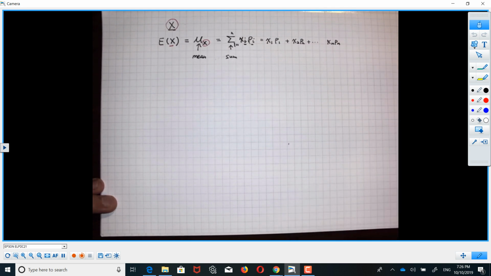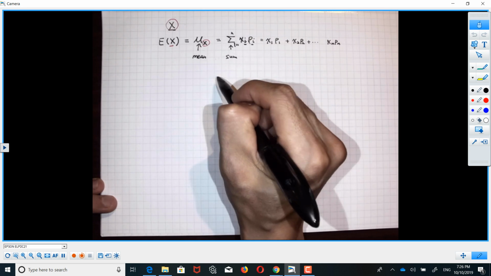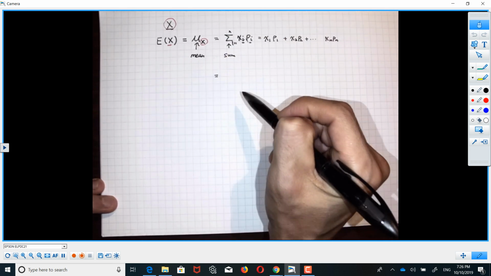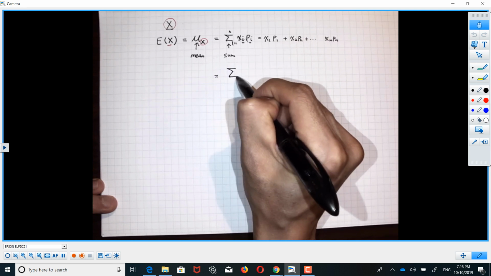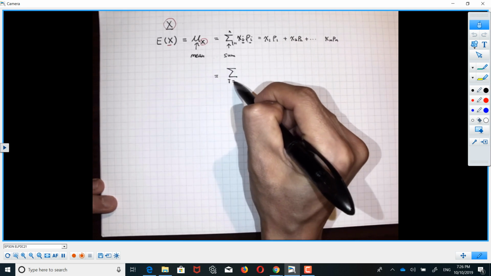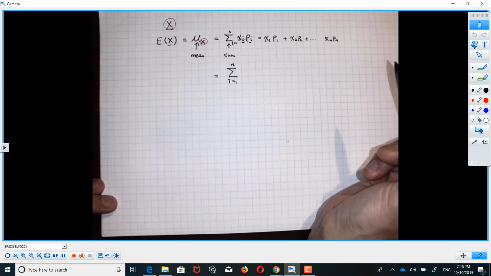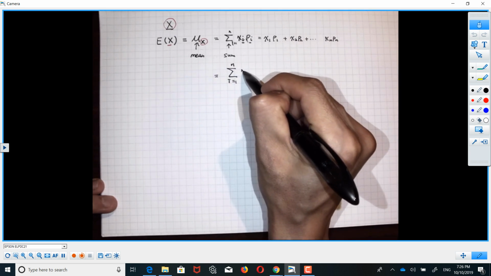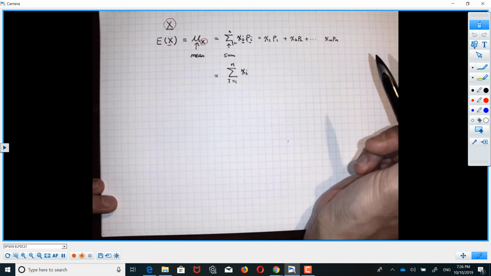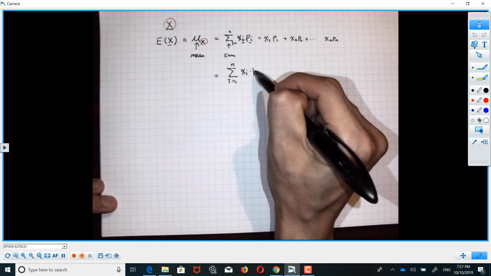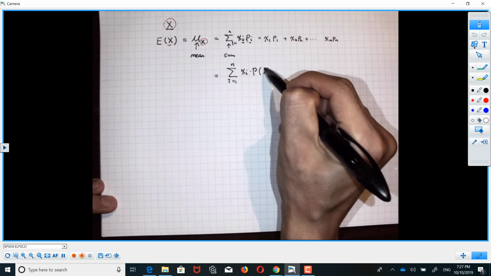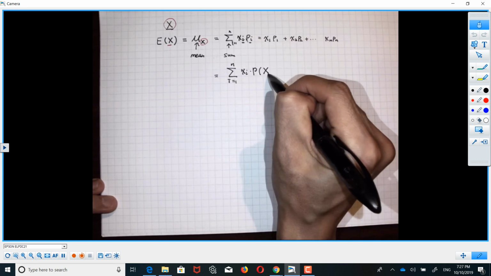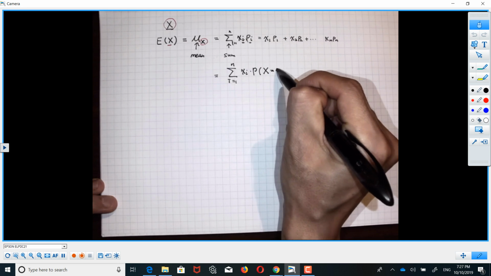Another notation, this is the abbreviated notation, but the full notation is sigma with i from 1 to n of xi times the probability p that the random variable's value is equal to xi.